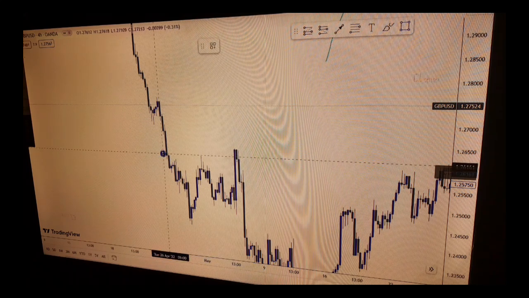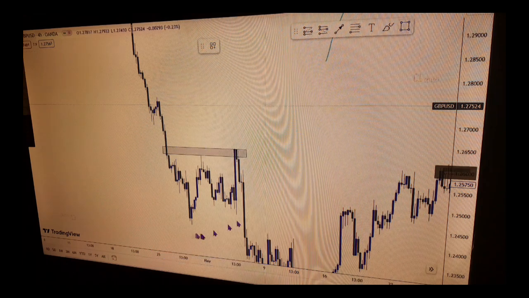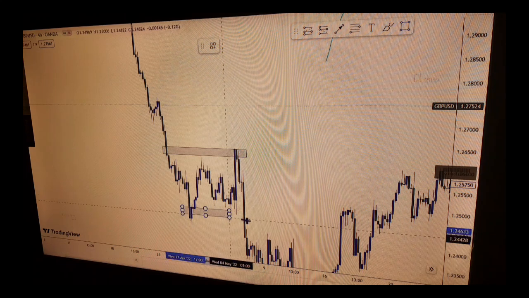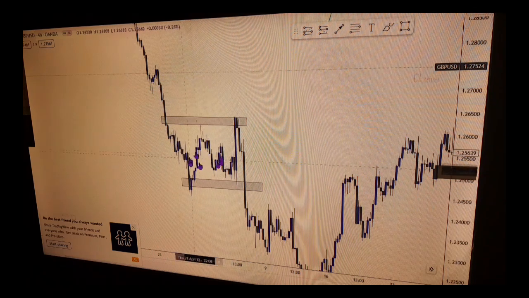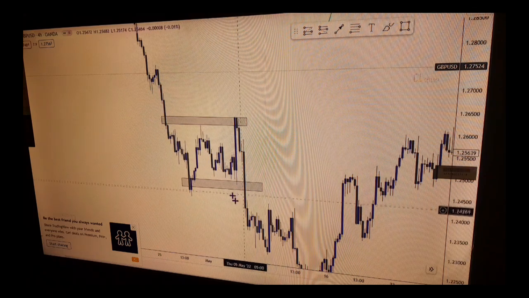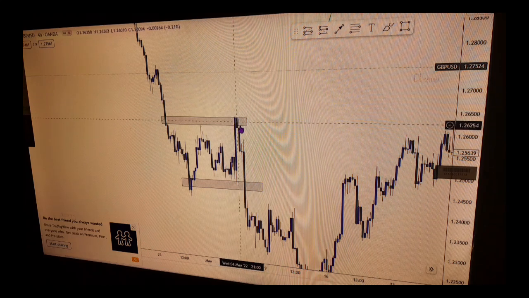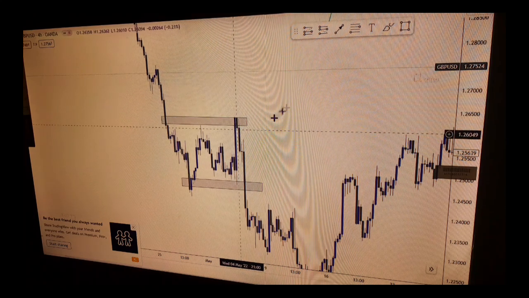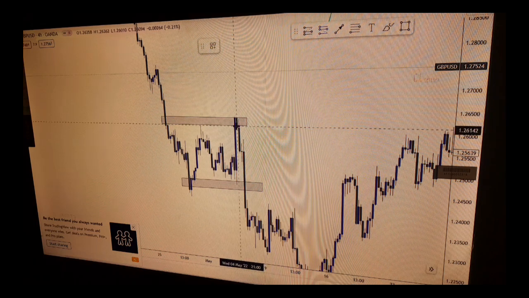They're going to draw something like this to show that this thing doesn't have a direction. It's consolidating right inside over here, and when it breaks, that's when you enter into the market. Or when it hits your resistance, that's when you enter the market, meaning that you're going to have a risk entry right over here.